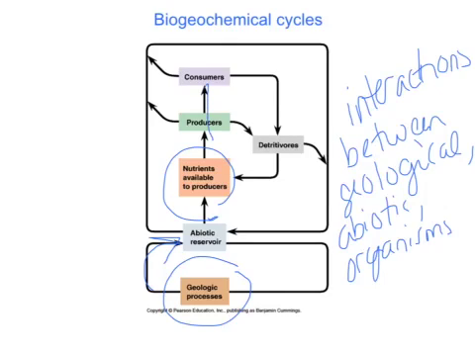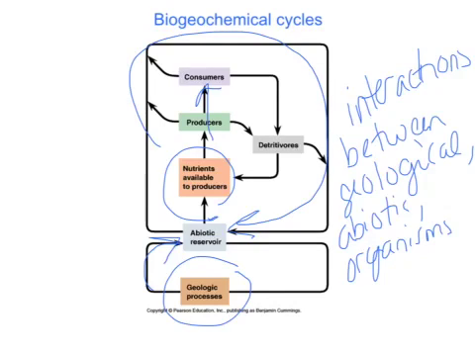As they pass through the producers to the consumers, they'll eventually end up back in this abiotic reservoir. So the resources are constantly cycling between the biotic organisms and the abiotic reservoirs, with the geological processes and abiotic factors.